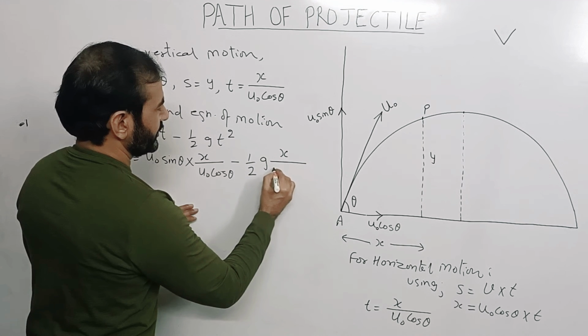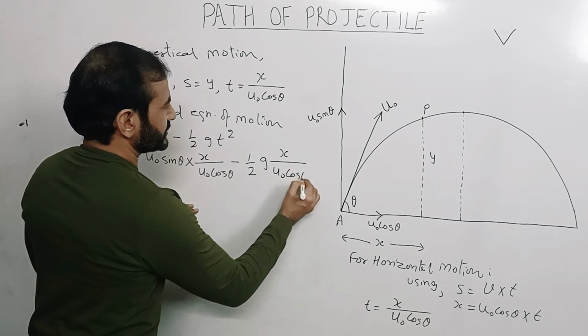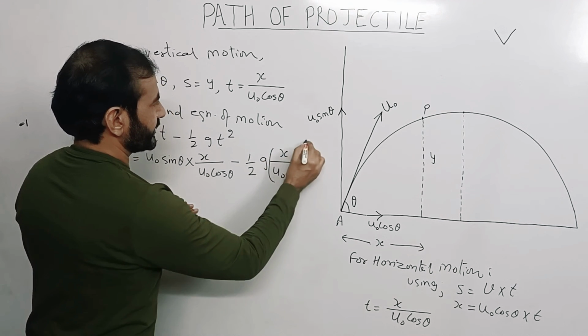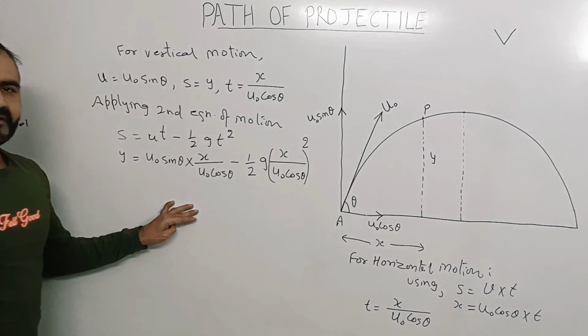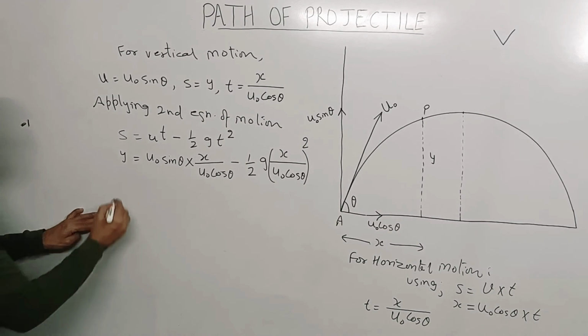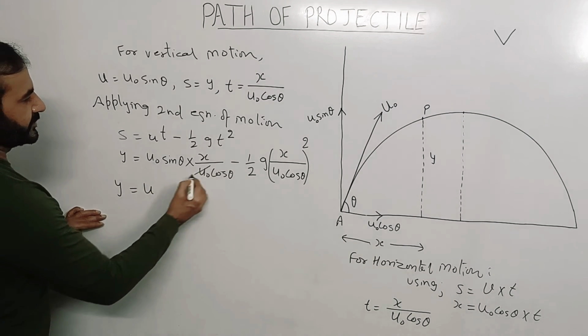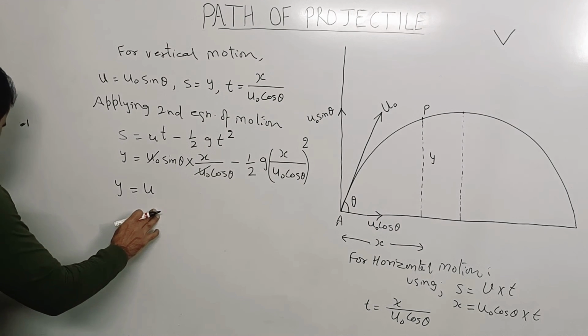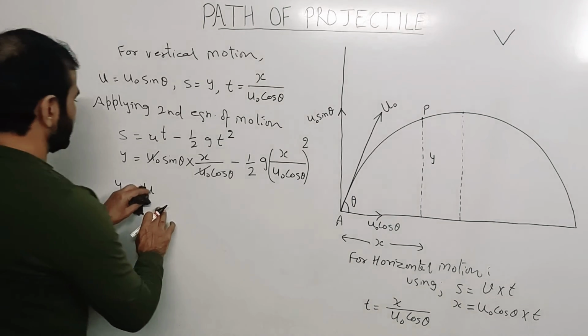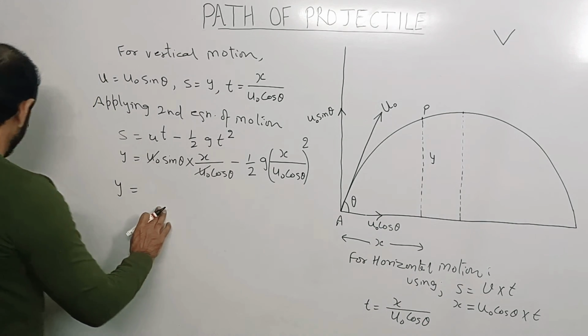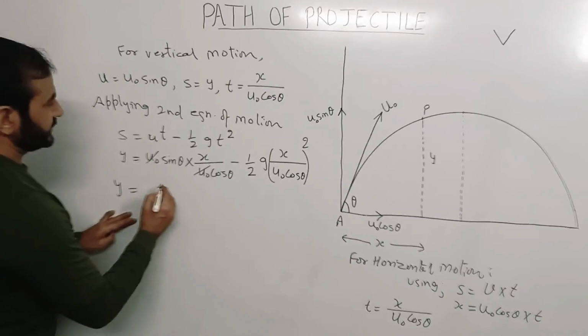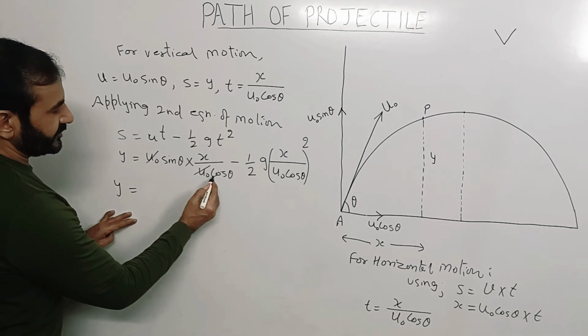X upon u naught cos theta whole square. Okay, simplify it. Y equal to, u naught cancel. What is left here? Sin theta upon cos theta will become tan theta.